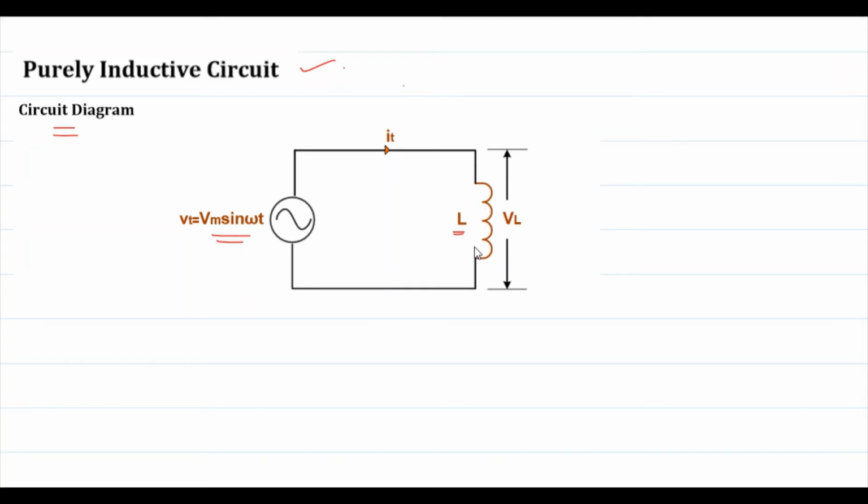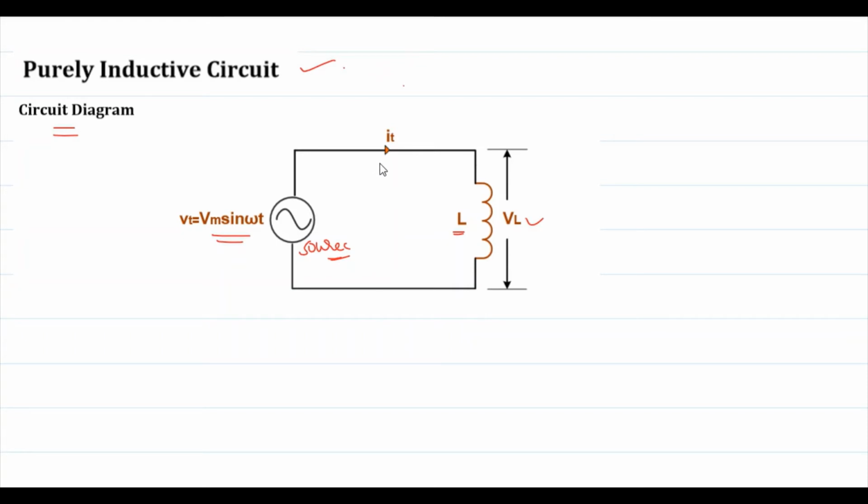Other than the inductor we haven't used any other components in the electrical circuit. So only the source is there, and other than the source we have used only the inductor. The voltage drop across this inductor is given by VL, as in the case of the resistance we used VR.